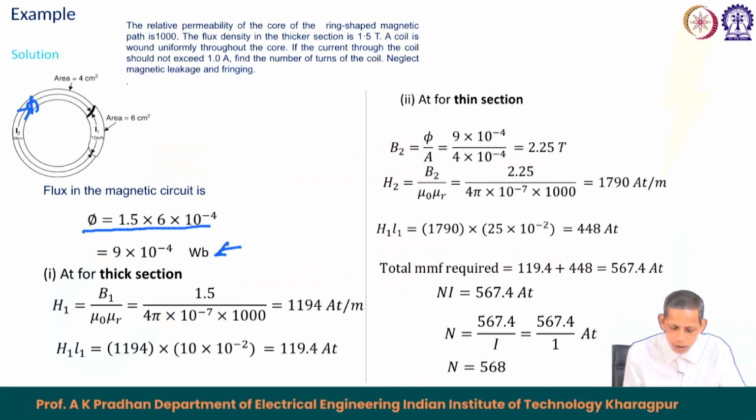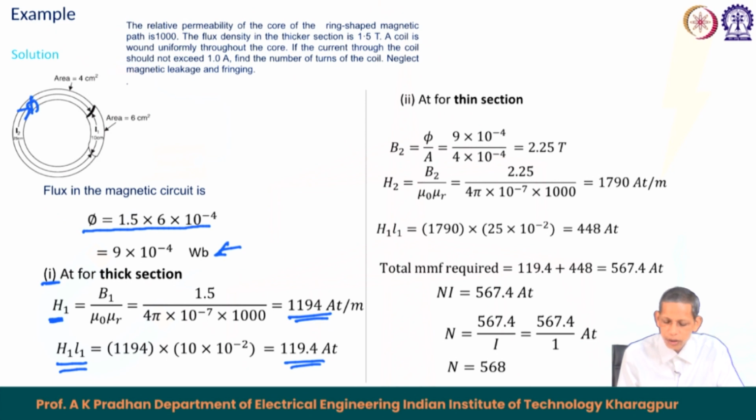Now, the thick section first. H 1 equals B 1 upon mu naught mu r, so this becomes 1194, and therefore H 1 L 1 equals 119.4 ampere turn.